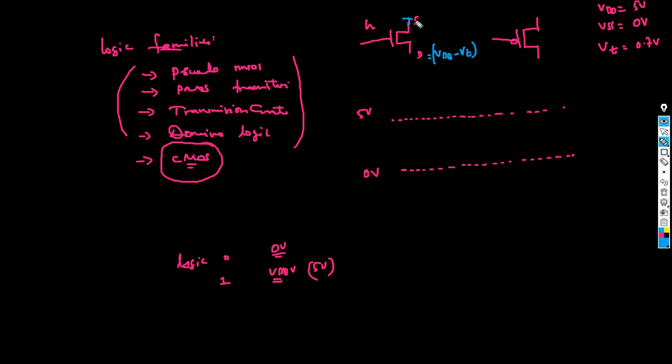Is it reaching up to 5 volt here? Apply the values in this formula. It is going to be 4.3 volt only. It is not going to be equivalent to 5 volt.